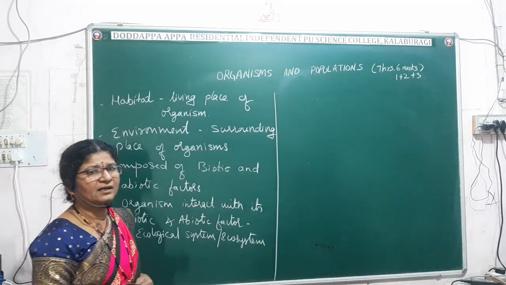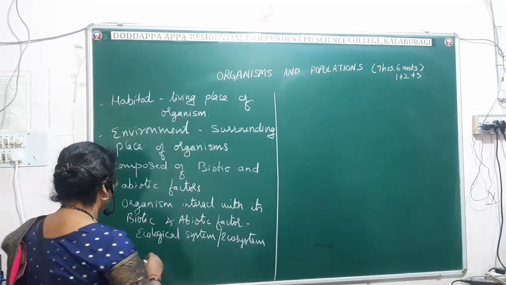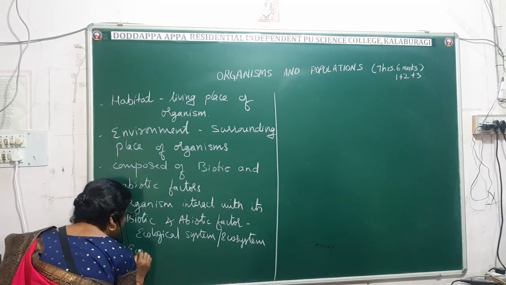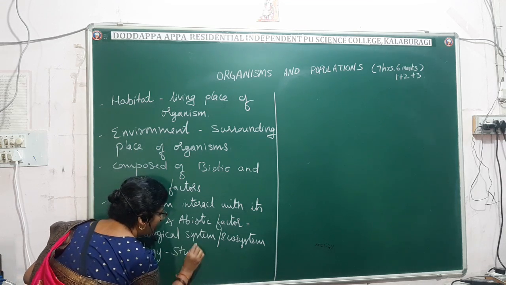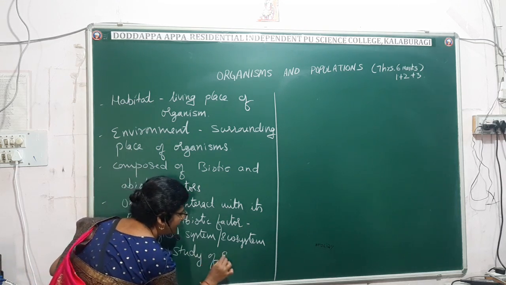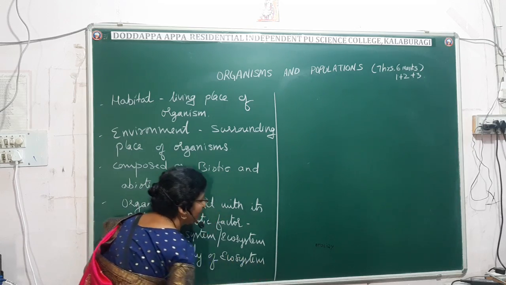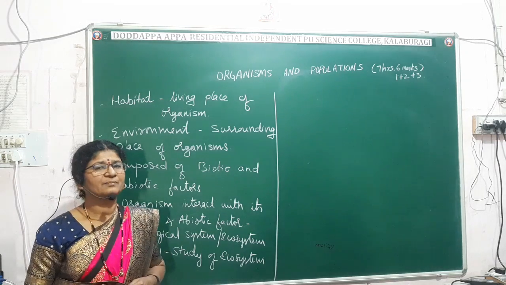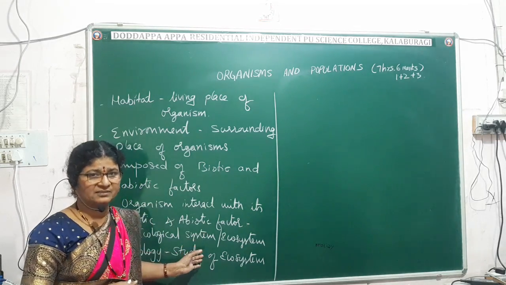And the study of ecosystem is called ecology. So what is the study of ecosystem called? Ecology. Ecology is the study of ecosystem. Ecology can also be defined in some other way; in some other books you might find different definitions.